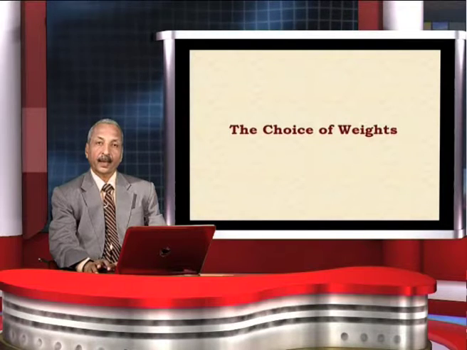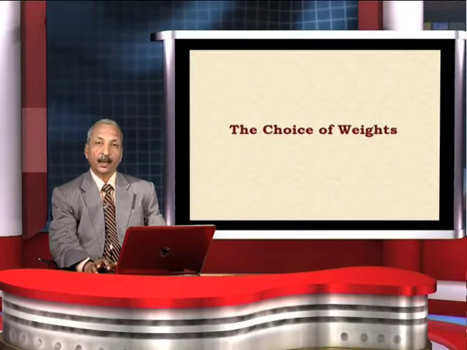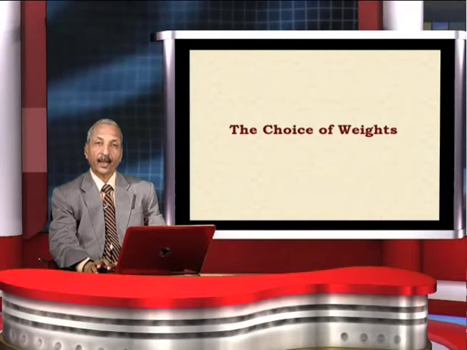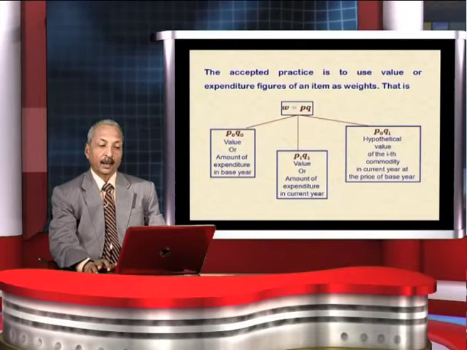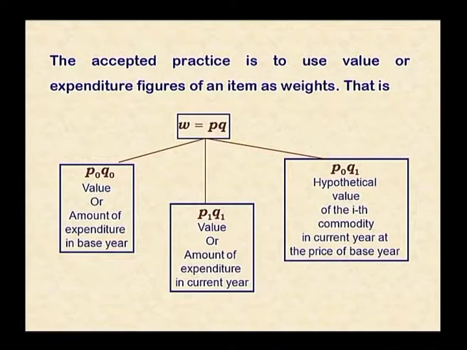Now, let us see how we select the weights, that is, what should be the choice of weights. The accepted practice is to use value or expenditure figures of an item as weights, that is, W equals P times Q, price multiplied by quantity.